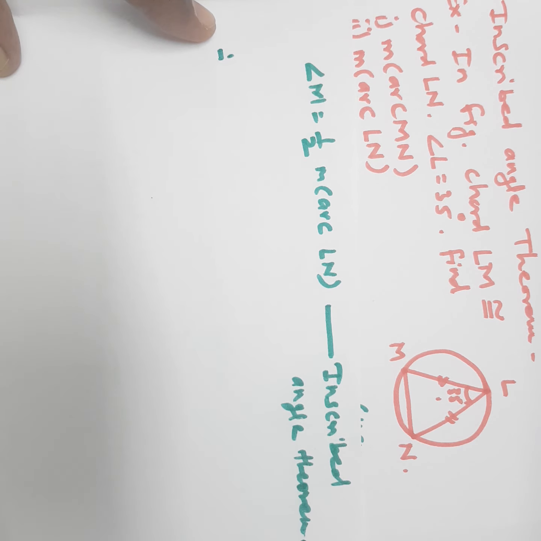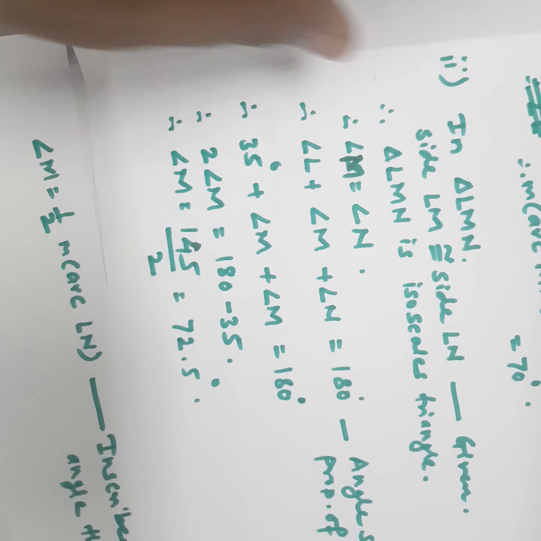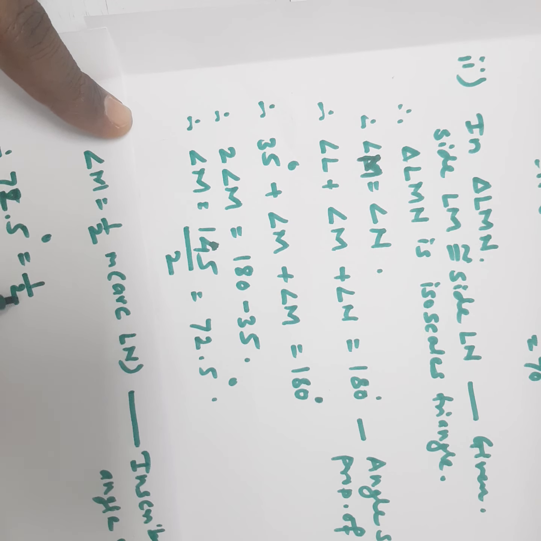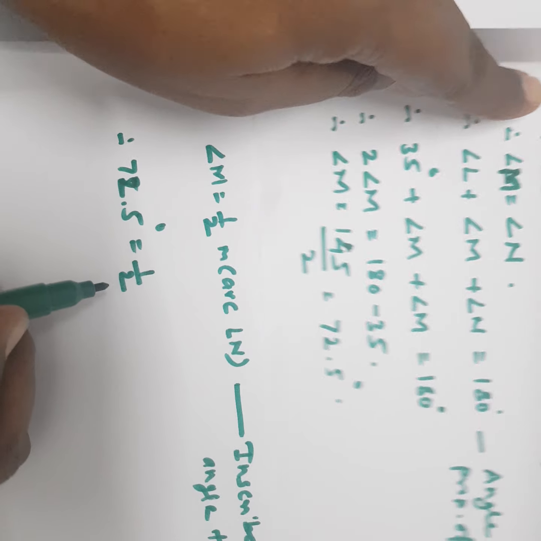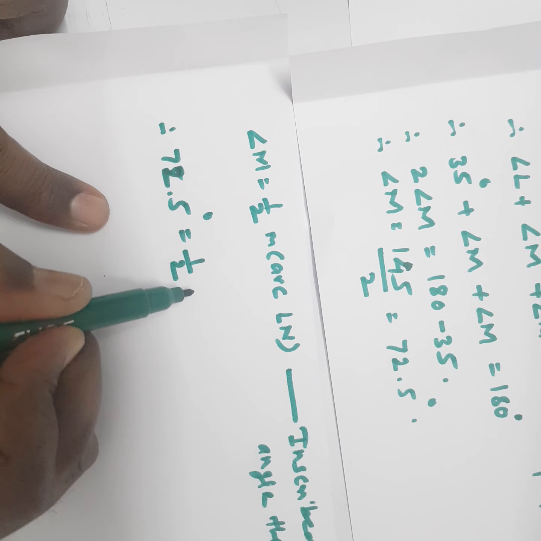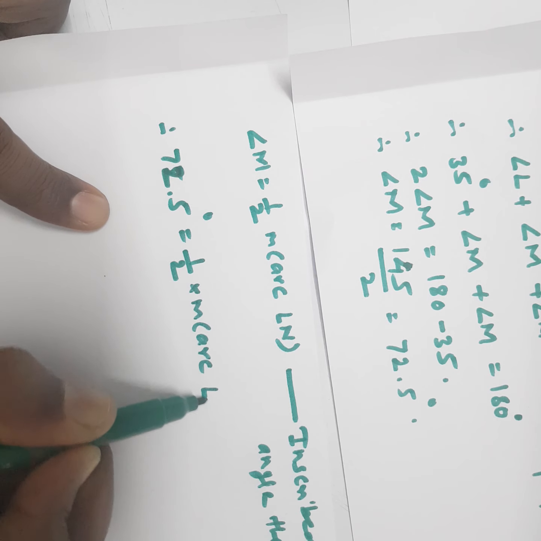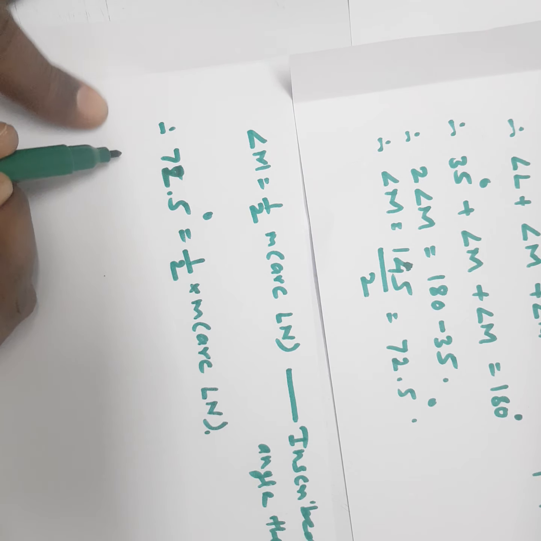Therefore, we know the measure of angle M is given as 72.5 degrees. Therefore 72.5 degrees is equal to 1/2 into the measure of arc LN.